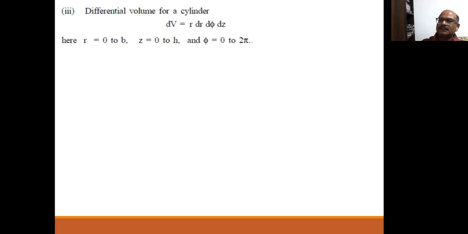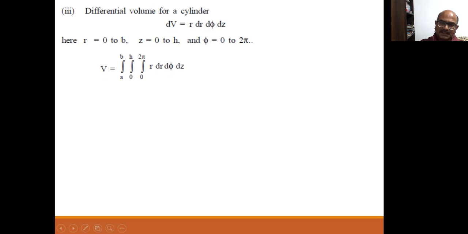If you put phi from 0 to pi, then you can find the half cylinder value. By changing the value of phi, you can easily find the half cylinder volume. But because it is the full cylinder, it is 0 to 2 pi.